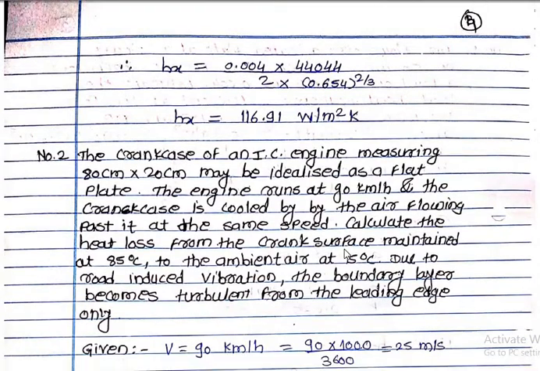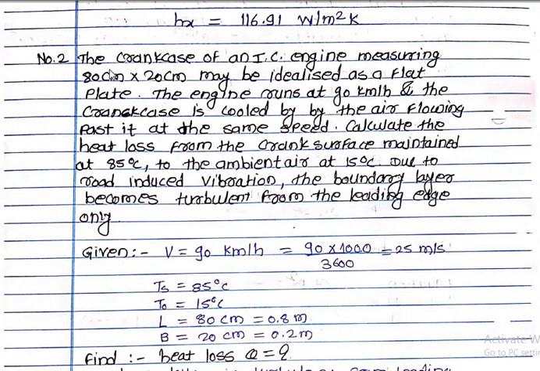Now the second problem. Consider the crankcase of an IC engine measuring 80 centimeter multiplied by 20 centimeter, which may be idealized as a flat plate. The engine runs at 90 km per hour and the crankcase is cooled by the air flowing past it at the same speed.